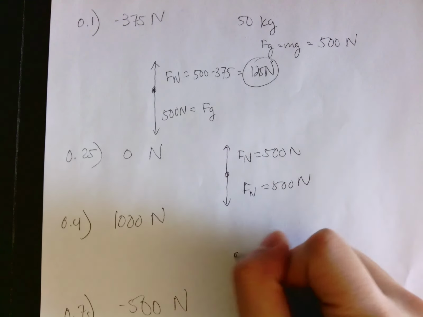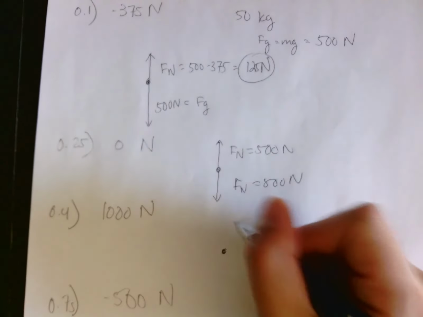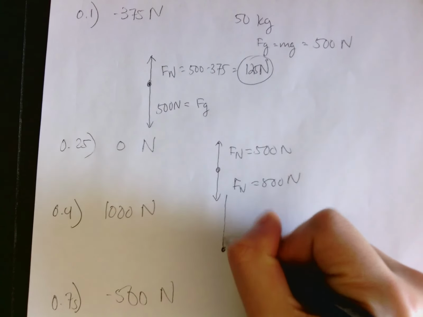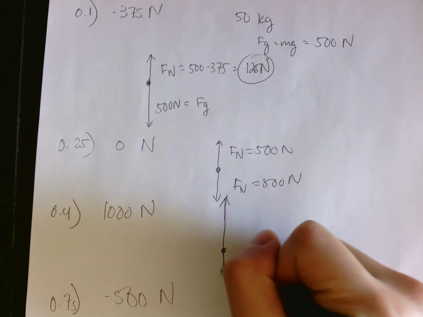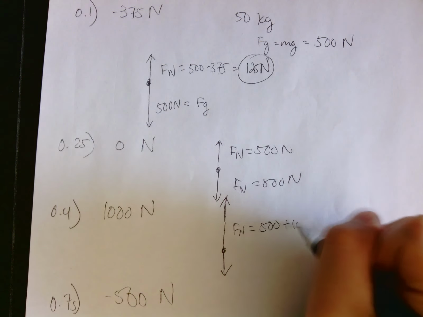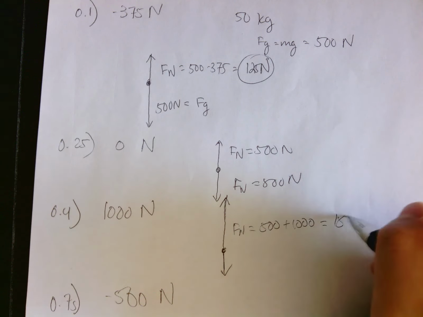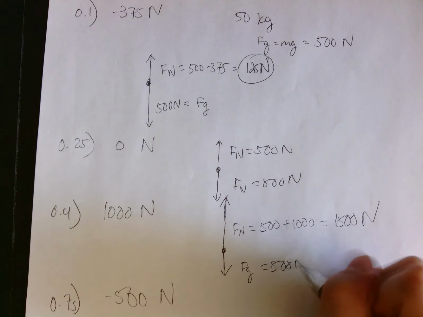And then at 0.4 seconds, her net force is 1,000. So that means her normal force is going to not only overcome the force of gravity, but be much more than it. So normal force is going to equal 500 plus 1,000, which is equal to 1,500 newtons, whereas Fg is still 500 newtons.